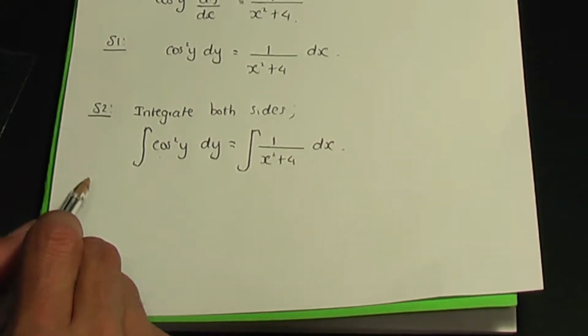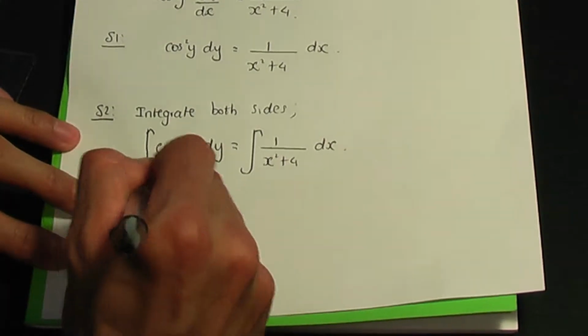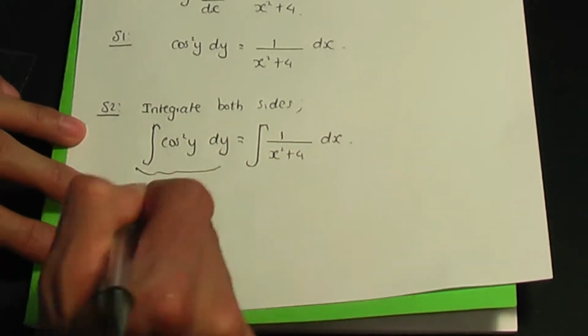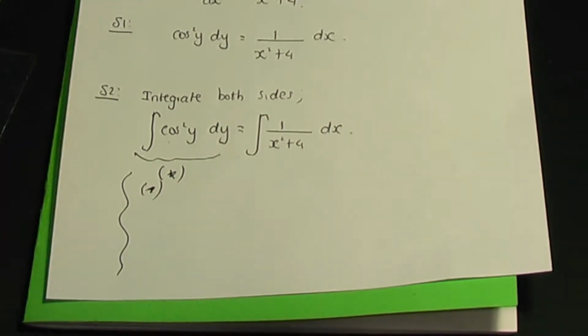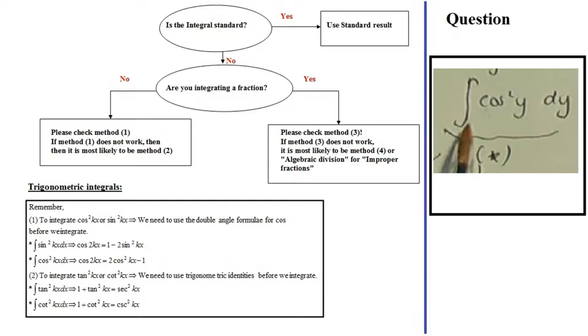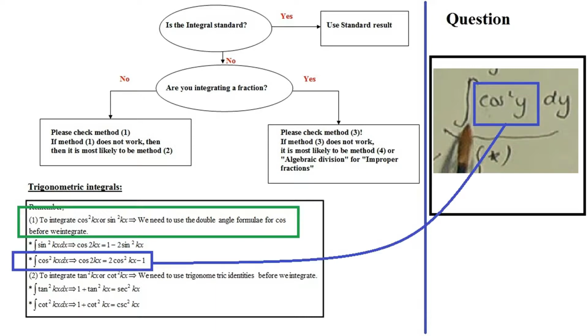We need to integrate cos squared y. Let me call that star, and let's do star as a side calculation. To integrate cos squared y, we need to use the double angle formula for cos. To integrate sine squared or cos squared, always think about the double angle identity for cos.